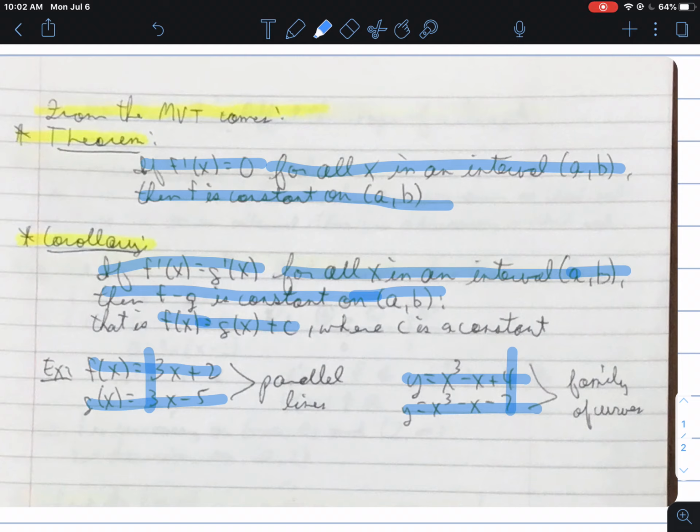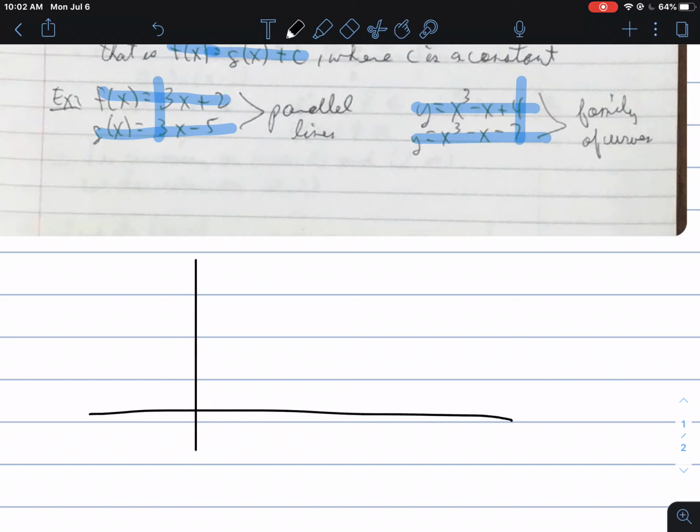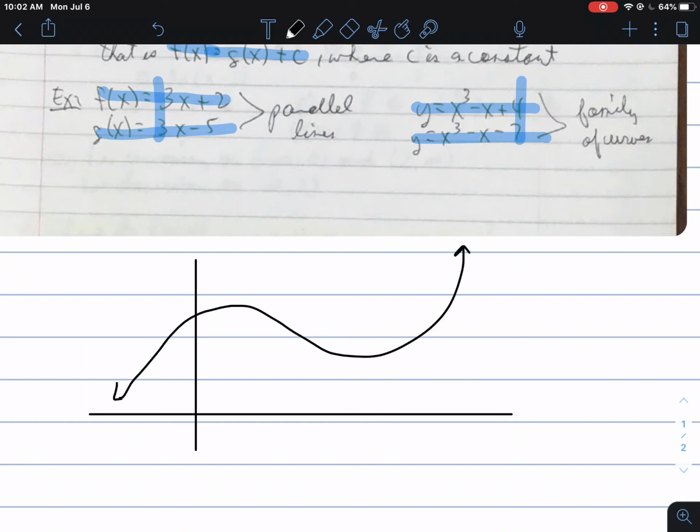If you remember back to your algebra, when you talk about transformations of curves, so something like this, a set of axes. And let's say I have a function f whose graph looks like this. If I have a function g where the derivative at every point on the graph of g is exactly the same as that of the graph of f, then I could have something like this.